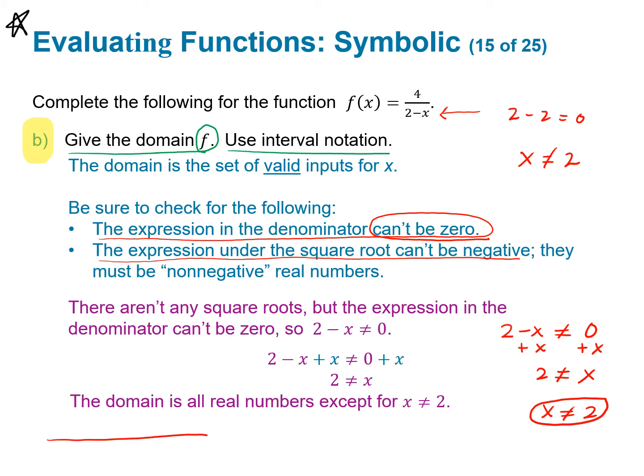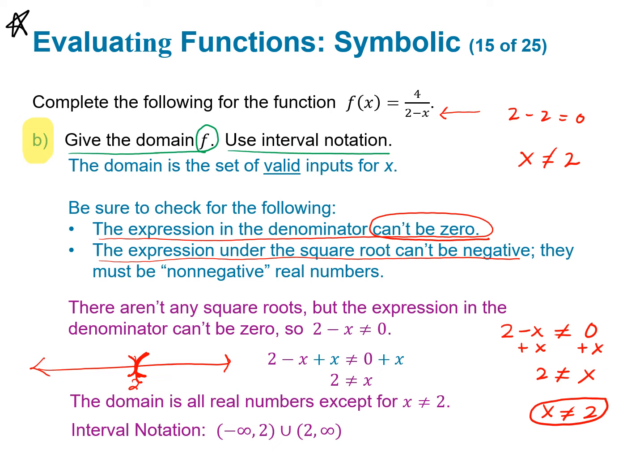And if we look at that on the number line, like we were earlier, all real numbers except for 2. How do we write that in interval notation? Well, we say from negative infinity to 2, and from 2 to positive infinity.